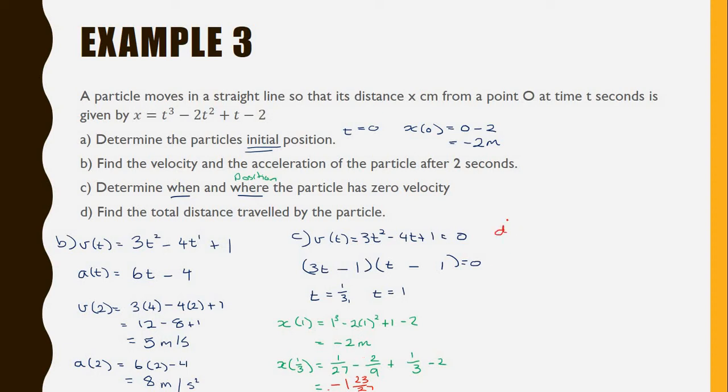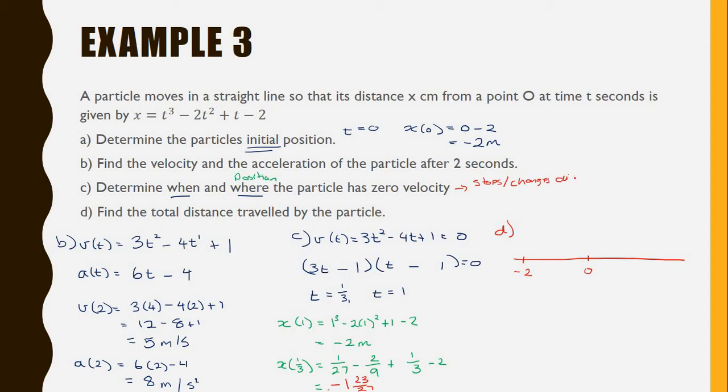Finally, for part D, we want to find the total distance travelled by the particle. It starts at negative 2, okay? After, remember, whenever the velocity is equal to 0, when we have 0 velocity, this means that it stops, and often that it changes direction.